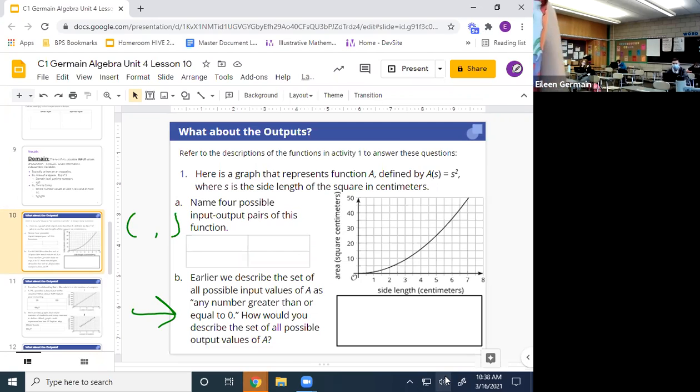You can write this one of 2 ways. You could say A of blank is equal to a value, or as an ordered pair. There's a bunch that you could do here.